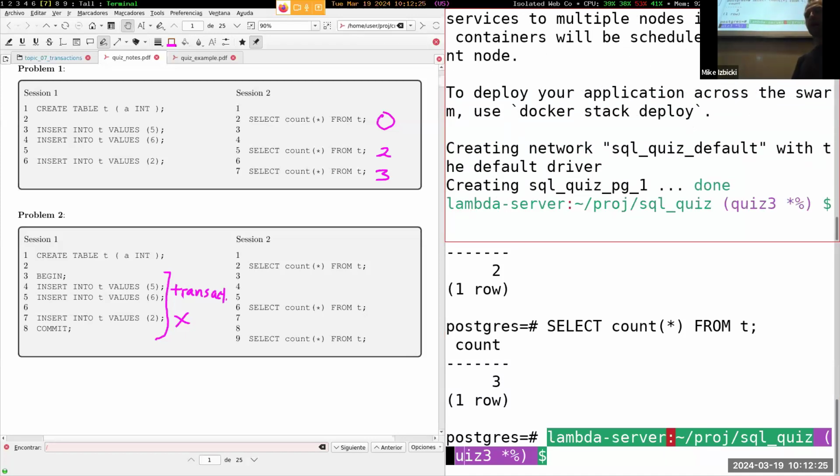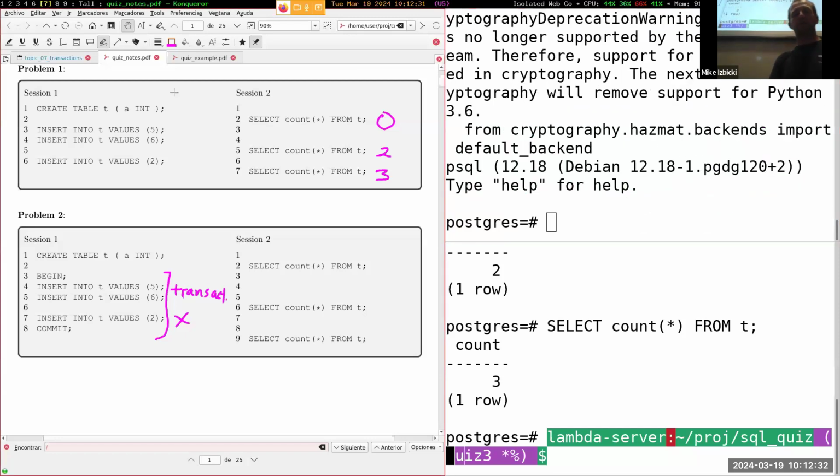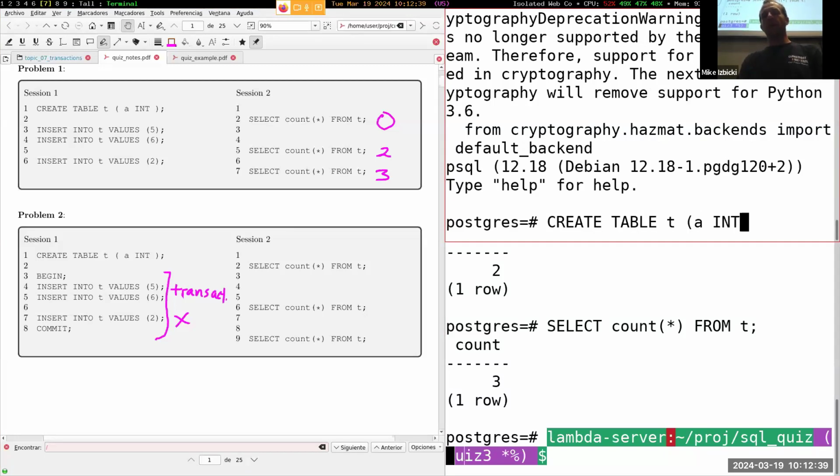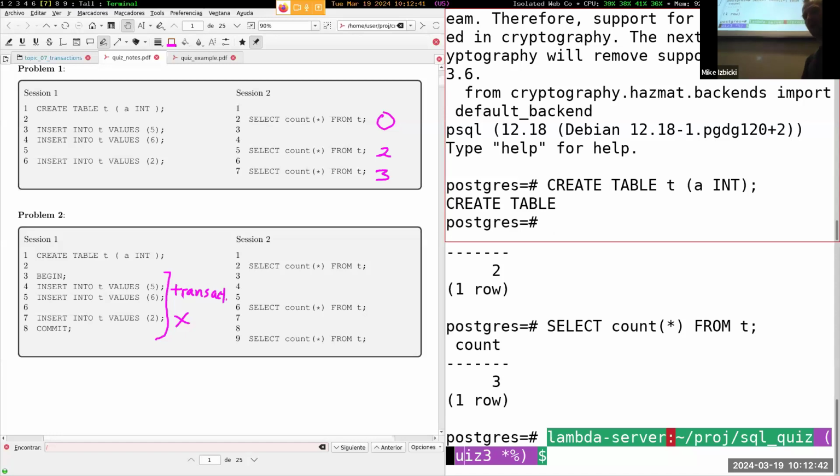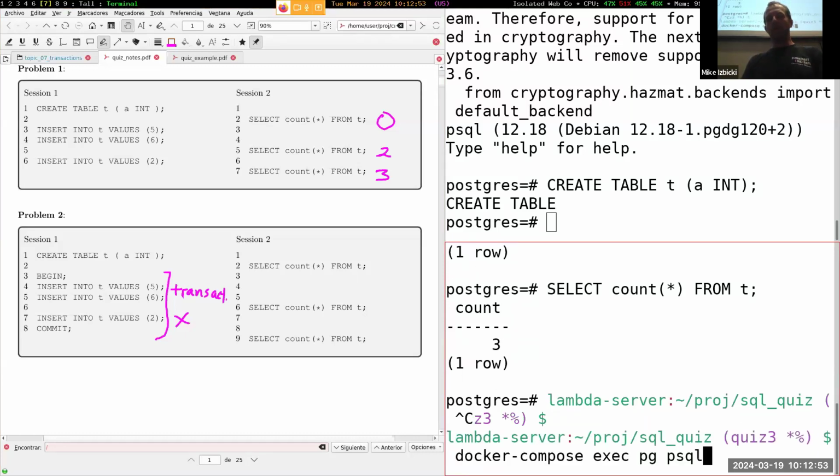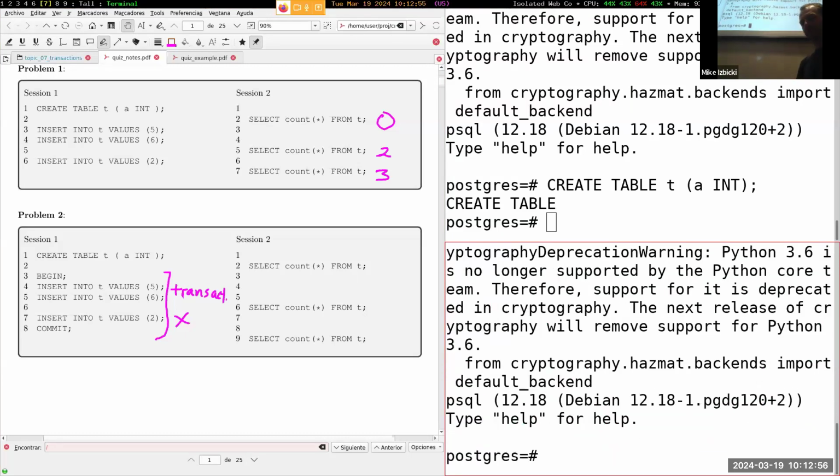Because the database is, in this case, not stored in a volume, it is not going to remember that there was this create table T command. And so now when I run a new create table T a int like this, there's not going to be any conflict about this table being already created. So this is the most correct way to start a new problem: bring the database down and bring it back up. Down here, I will also have to reconnect to pSQL into this second instance.